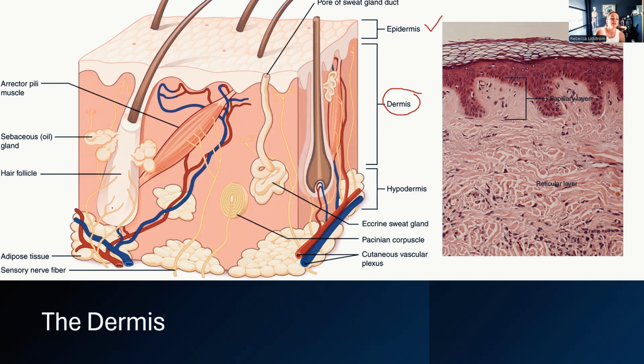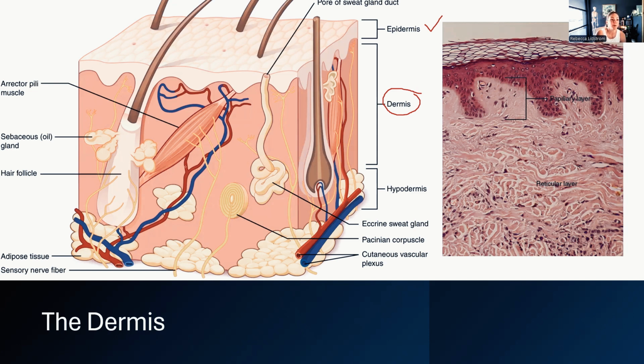Some other things that you see here is a hair follicle located inside of the dermis. And we also see the shaft of the hair coming up and out of the skin. We also see a sebaceous gland, which is going to help with oil production, which is helping lubricate the shaft of the hair, which also has its own immune properties and also helping with the overall health of the hair.